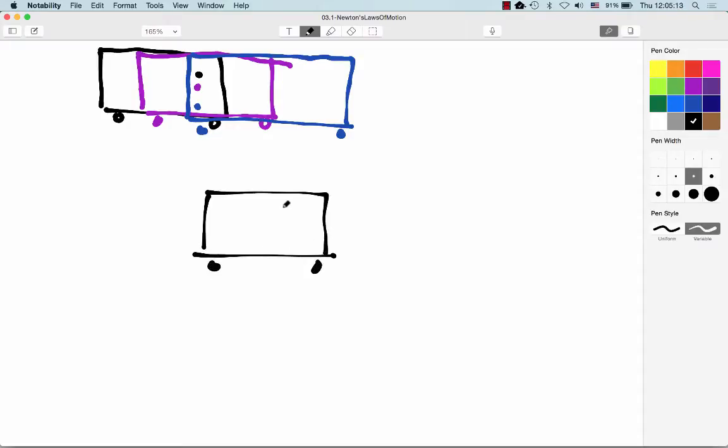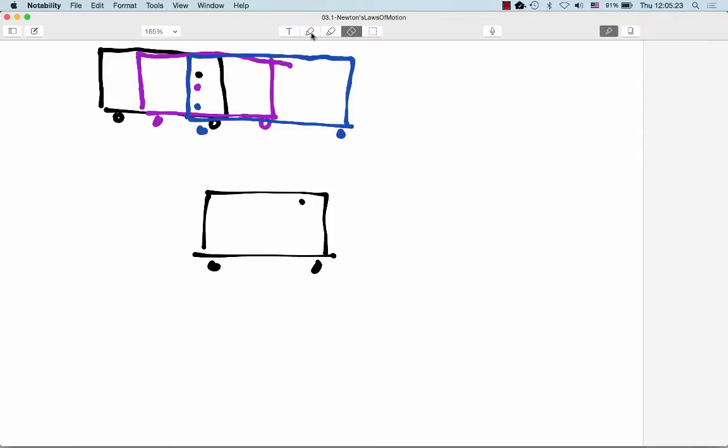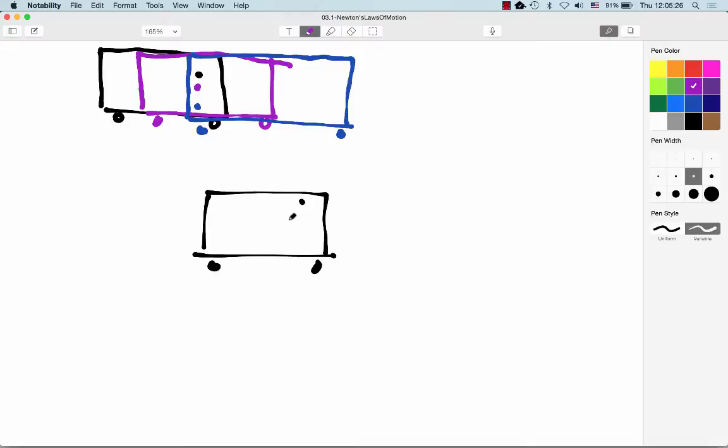I look out the window at the rock, I would be seeing the rock move something like that.